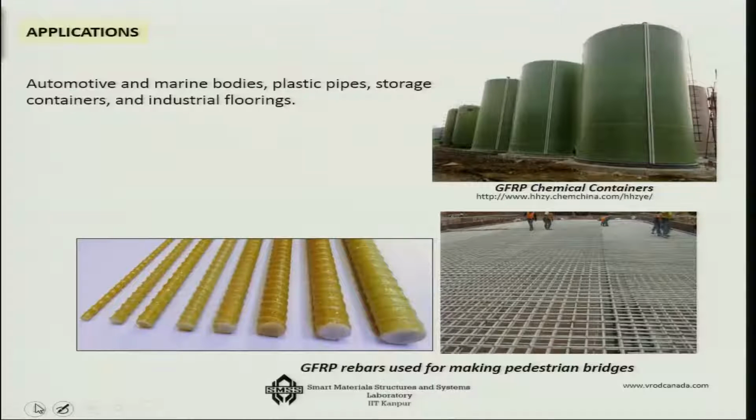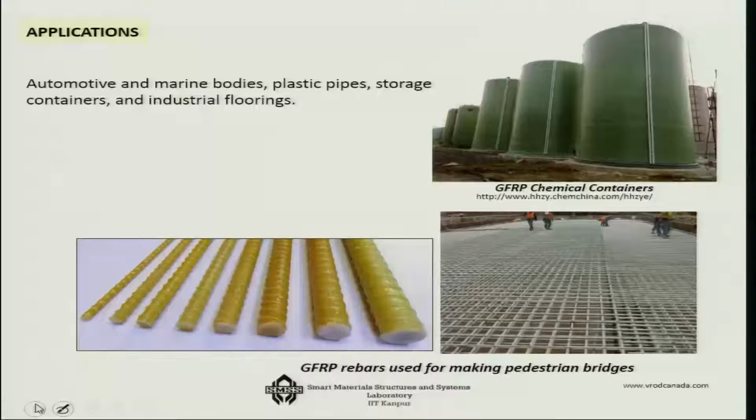There are many applications of it, like automotive and marine bodies. Many of the sports yachts, for example, are actually made of glass fiber reinforced plastic, because that way you can make it very light. And then plastic pipes, storage containers, industrial floorings.